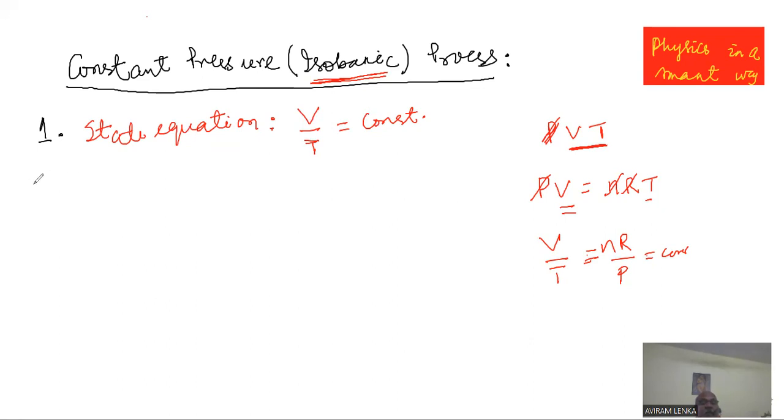Second, just like our last case, work done, thermodynamic work W. We know for a constant pressure process, the formula of work is very simple, that is P delta V. Apart from the isochoric process or constant volume process, where work done is zero, this constant pressure process gives us the simplest formula of work.